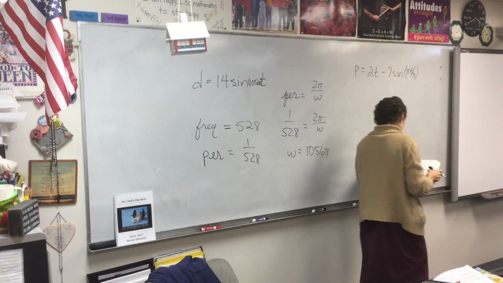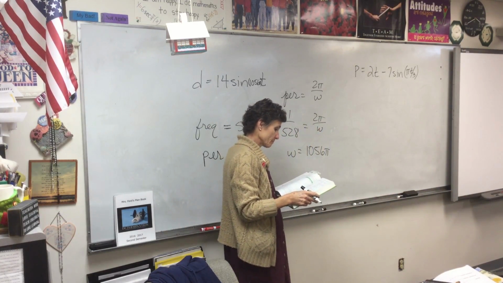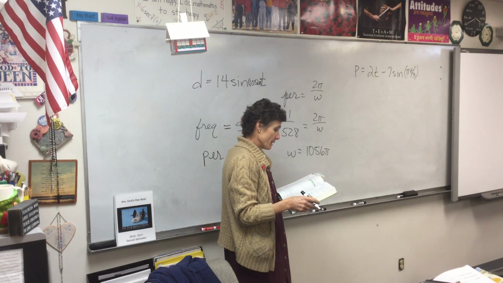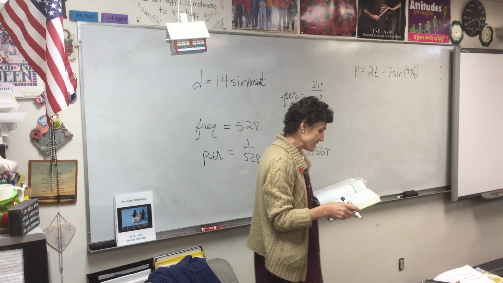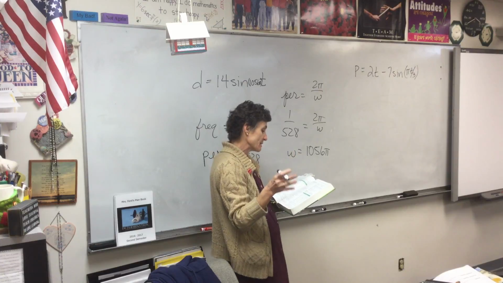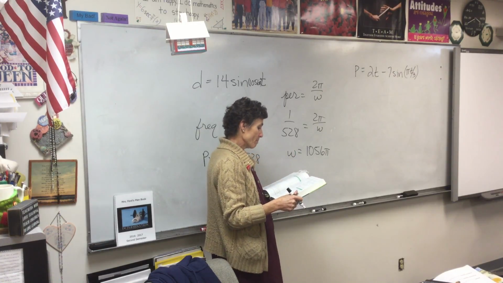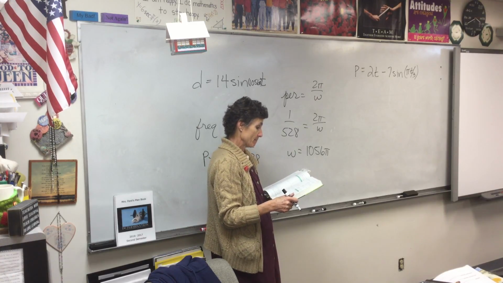Okay, this is number 35. It says P is measured in hundreds of dollars and T is measured in months after January 1st. So T is the months and P is dollars. In what month did the shop first begin to make money?